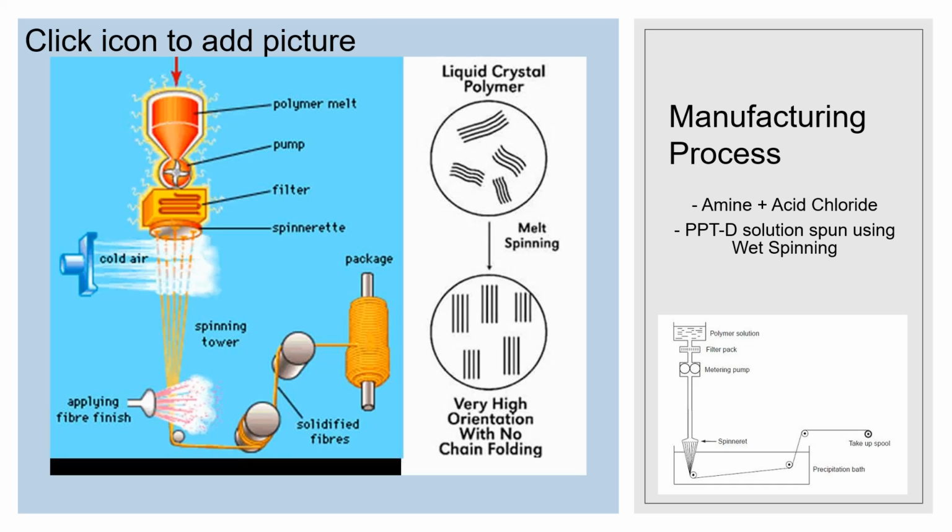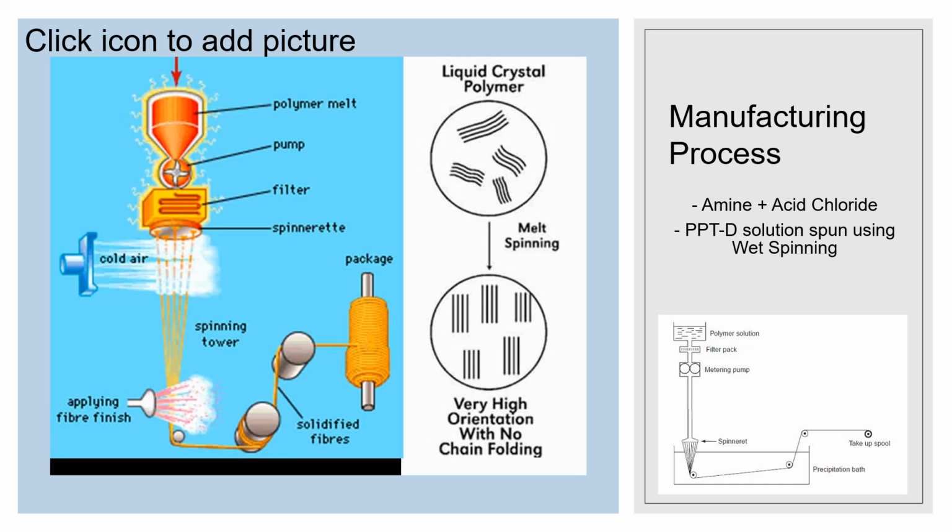In this process, a winding spool pulls the polymer solution through several mechanisms to contour and shape the fibers into the desired threads.